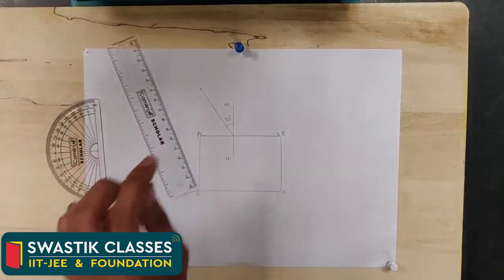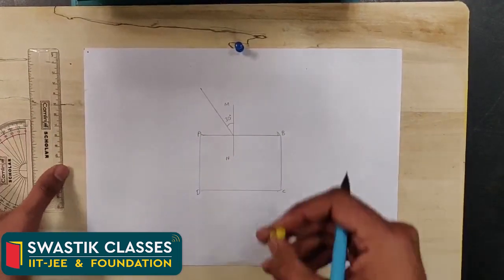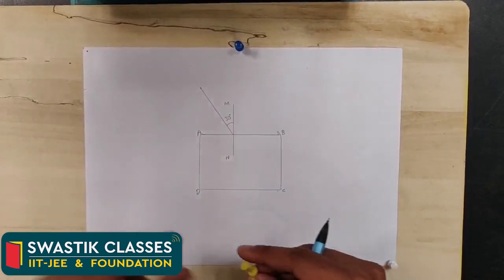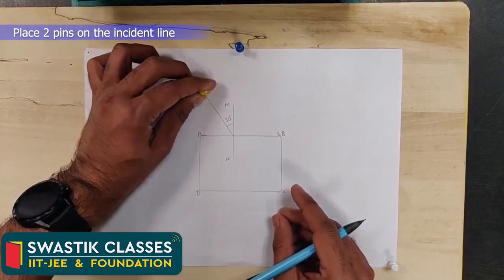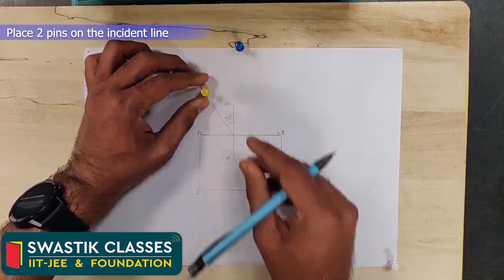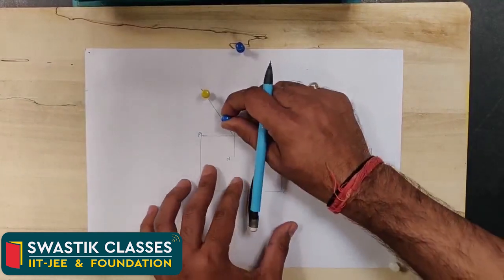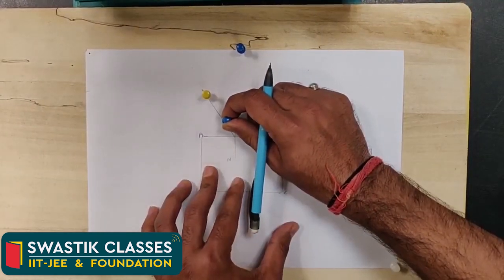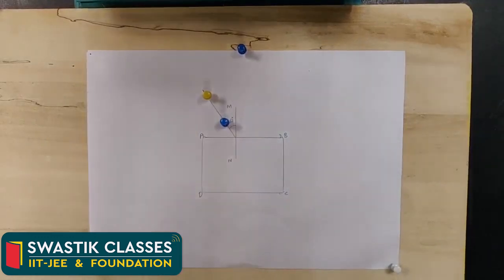Now I'll place two pins on this ray of incidence. One pin is here. We have to make sure that the distance between the two pins is minimum 3 or 4 centimeters, or maybe 5 you can take. So here I'll make two holes, and these are in a straight line.